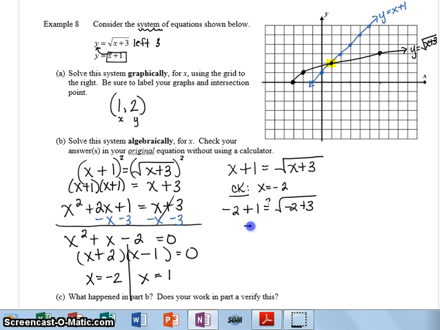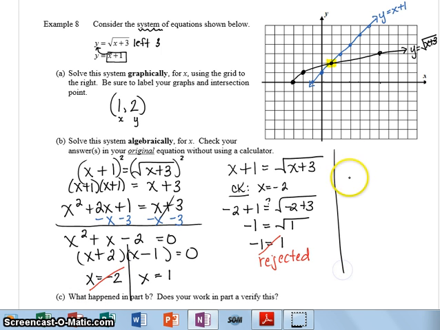So this, you're going to get negative 1 equals the square root of 1. Well, the square root of 1 is 1, and negative 1 is not equal to 1, so this answer gets rejected. Okay, that is not a solution, so that gets rejected.